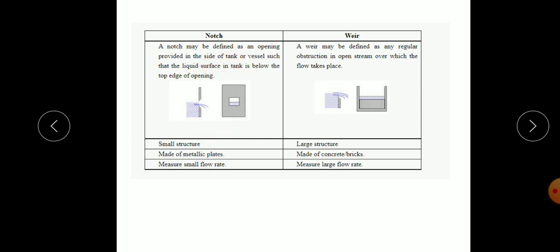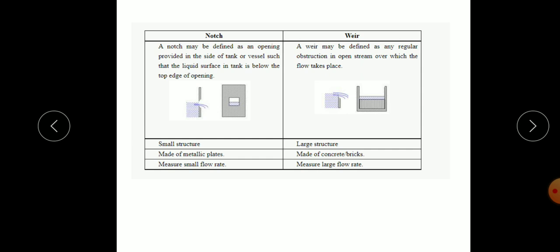But weirs are large structures made of concrete or bricks, used for discharge of water or to create a water level in canals or dams.